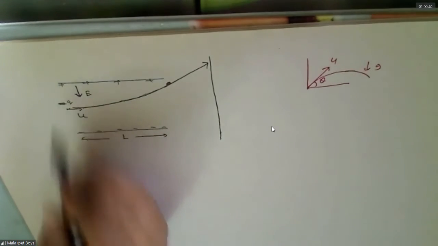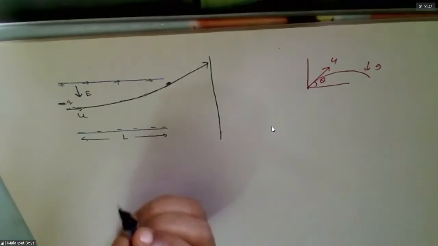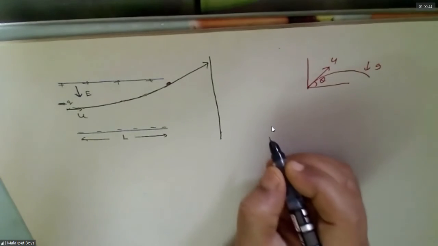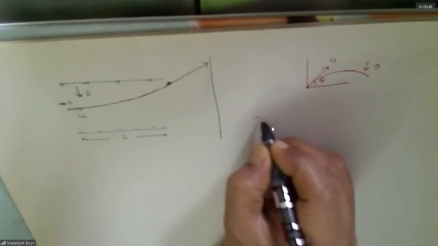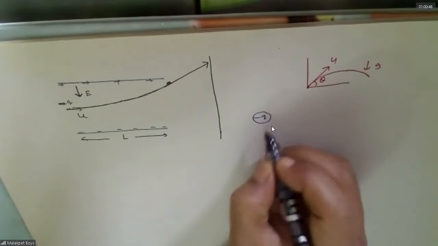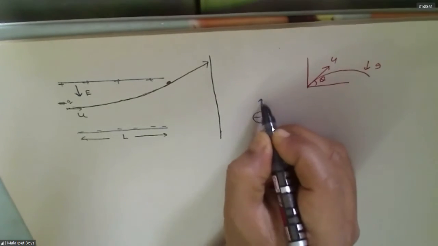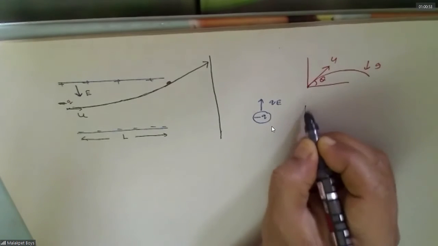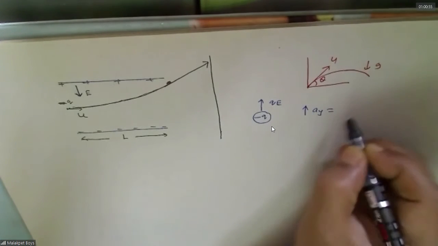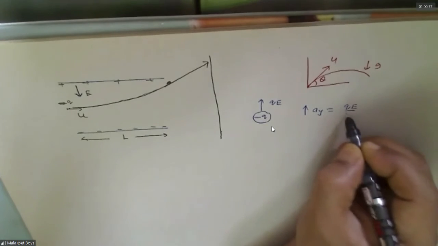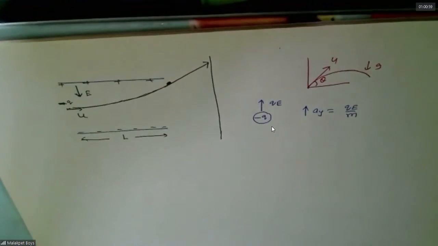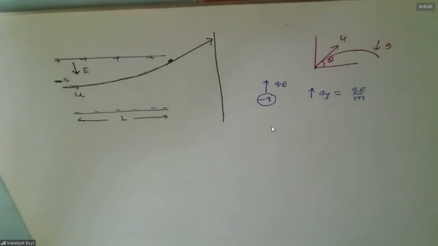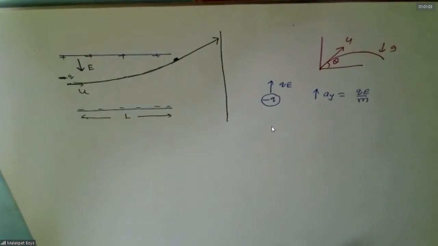Field is downwards, force is upward. Yes, sir. I have taken that only. So this is QE. So what is the acceleration here? Understood this? Yes, sir.